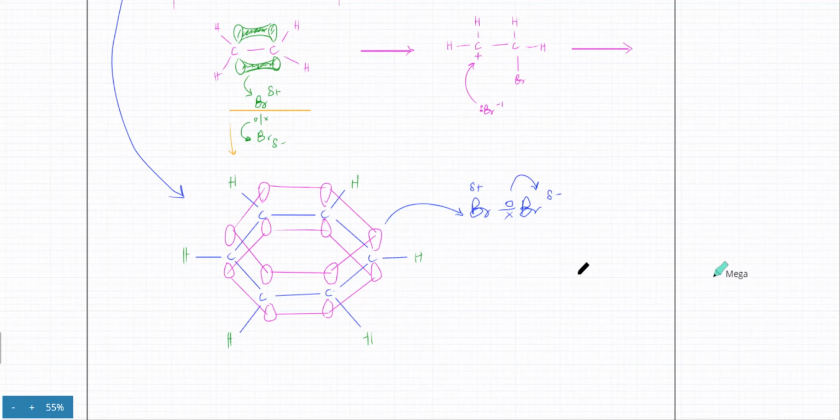But in this case, the polarizing power of this pi electron cloud is not very large. So the repulsion is not very large, which results in a very small partial negative and a very small partial positive charge. And the molecule is not polarized sufficiently.